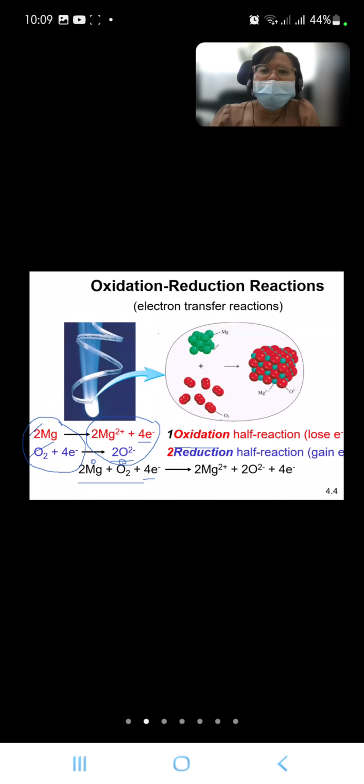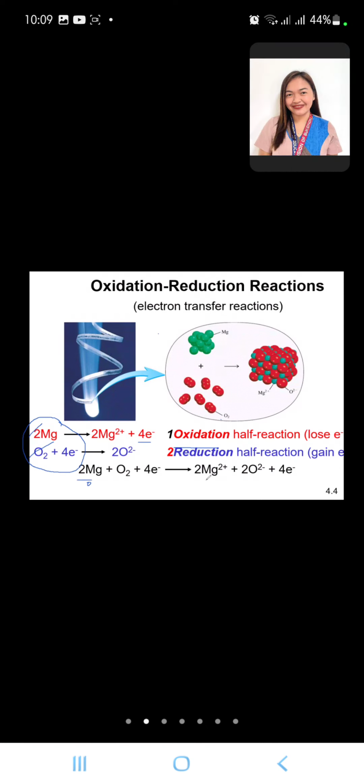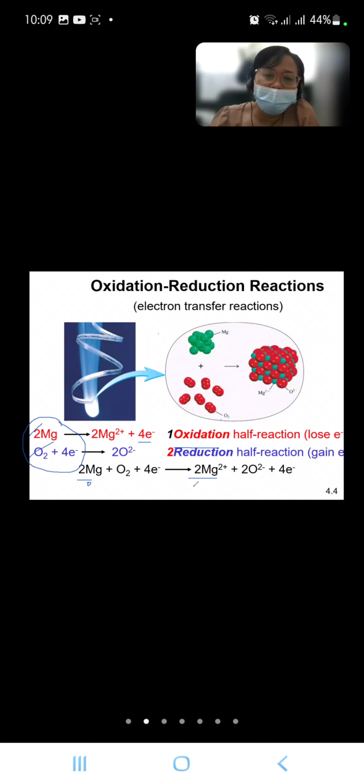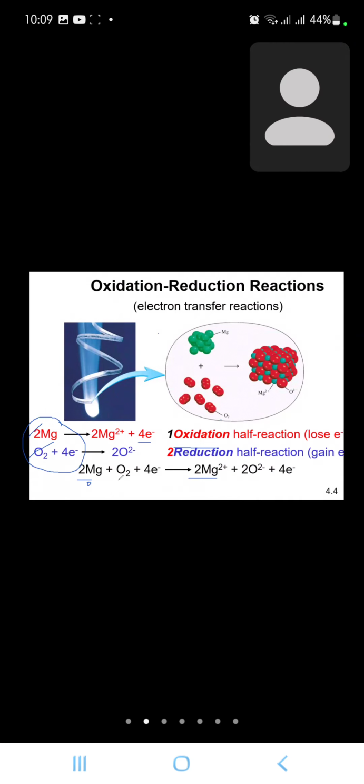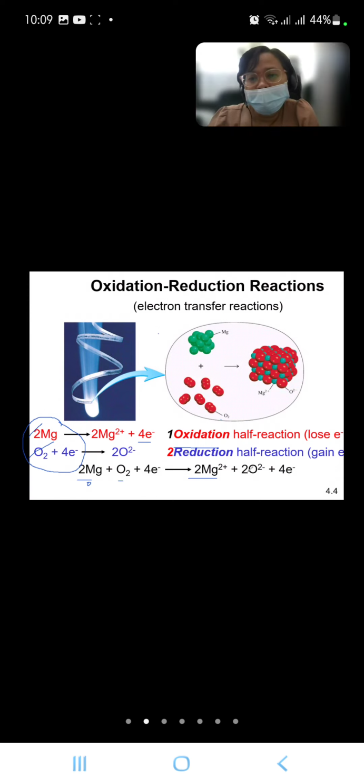Now let's see whether our redox reaction is balanced. First we balance with respect to the number of atoms. Magnesium is 2 on the reactant side, and on the product side there are 2 atoms also. For oxygen, this is 1 times 2, so 2 atoms, and on the product side, 2 times 1, 2 atoms.